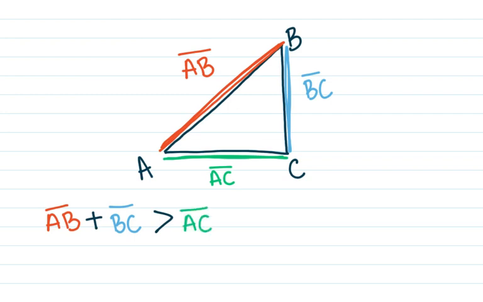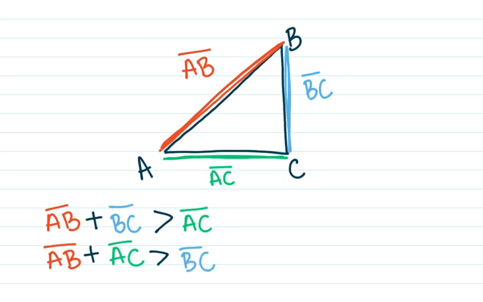Now, you have three sides on a triangle, so you have to check some of the other combinations. So not only does AB and BC have to be greater than that third side, but I also have to add side AB to my green side there, side AC, and those two sides together have to be bigger than my blue side BC.